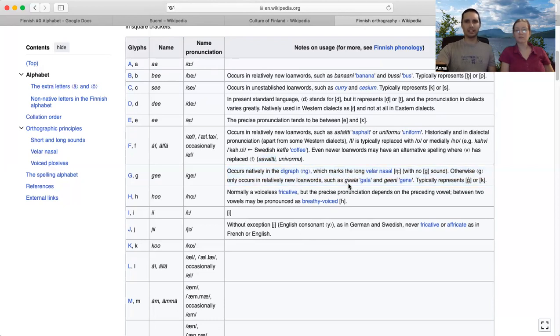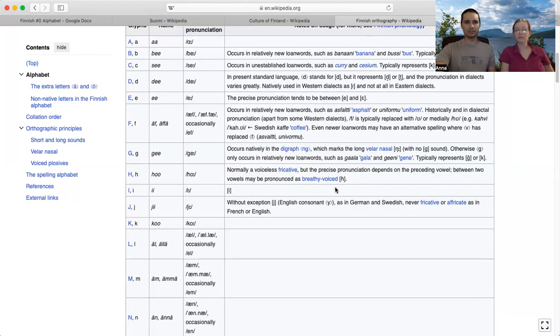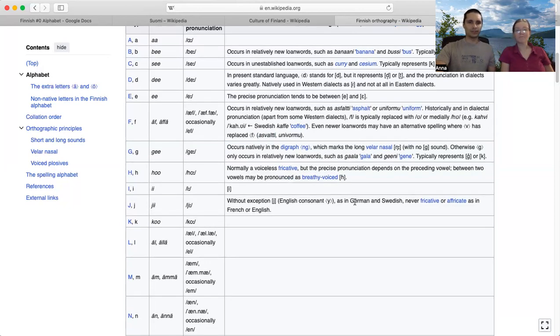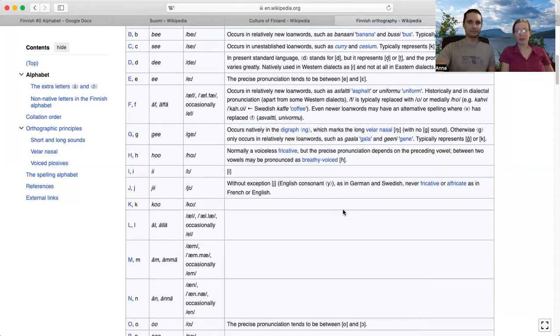Gala, geni. We don't have that many words beginning with G. H is ho. Be careful, it's ho. And it has to be pronounced, unlike in French and Spanish where they don't say it.